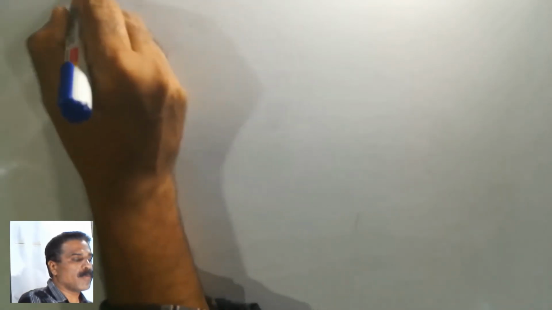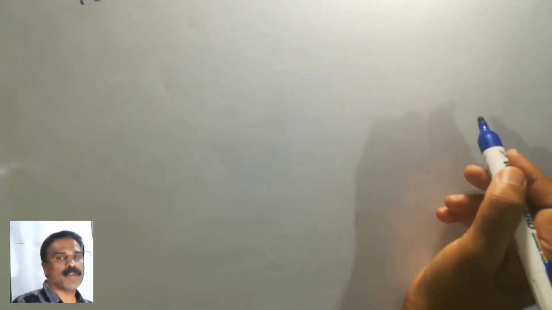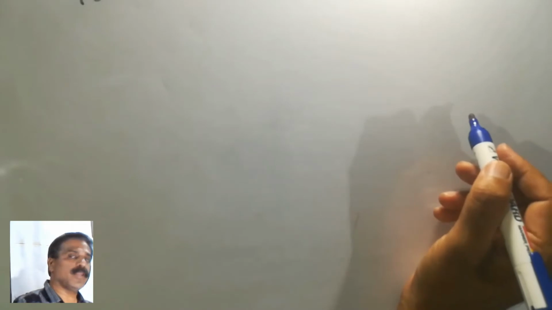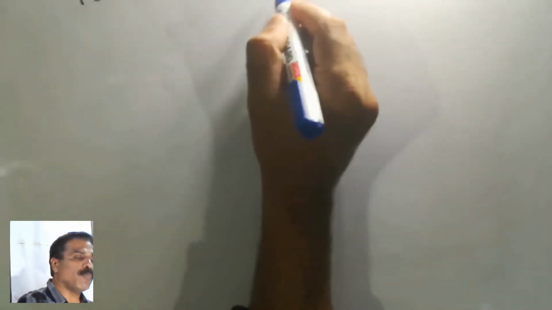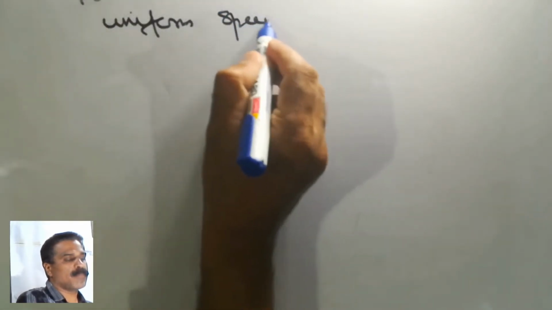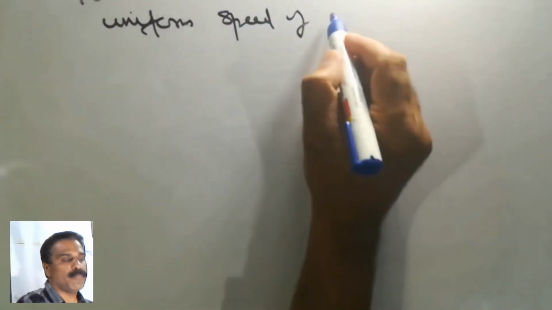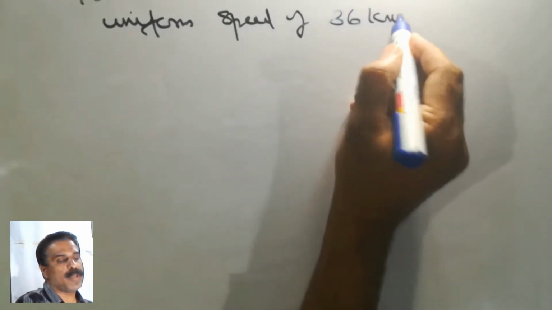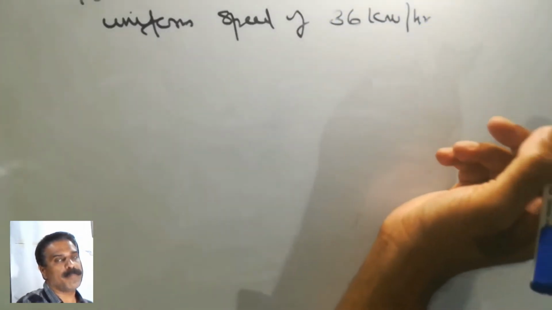So in the question, a train of weight 1500 kilonewton is ascending a slope of 1 in 100 with uniform speed of 36 km per hour.